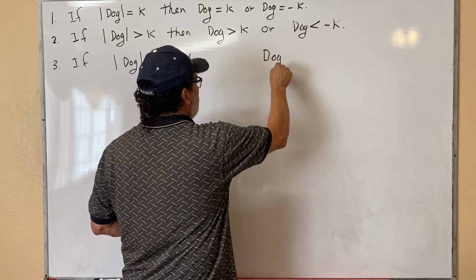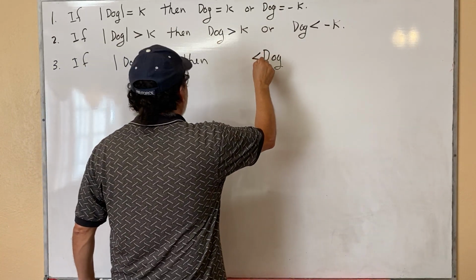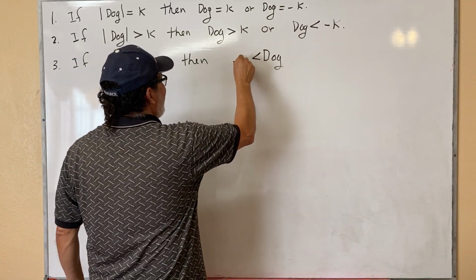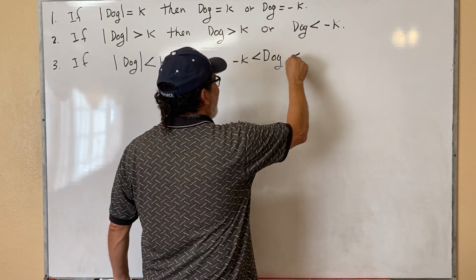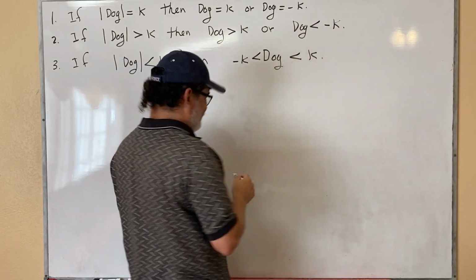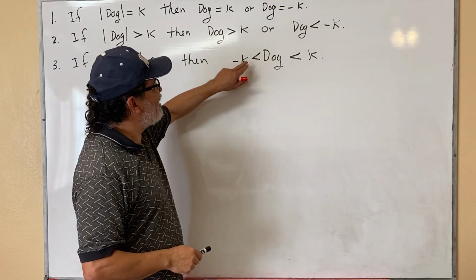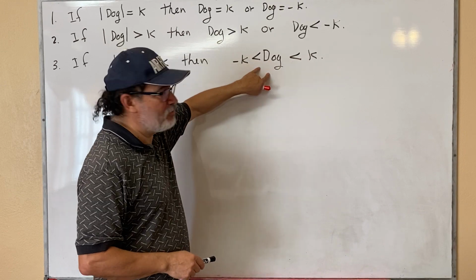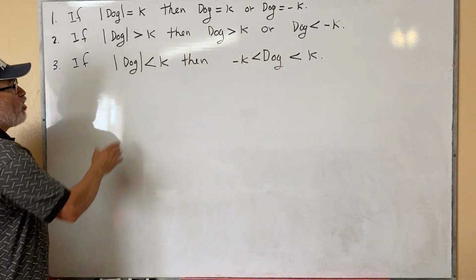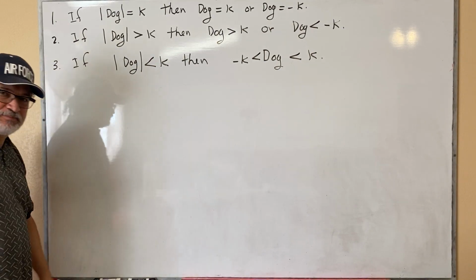Dog, note, no more absolute value, is greater than negative k, less than k. Put the dog in the middle between negative k and k. That's what you do when the absolute value of dog is less than constant.